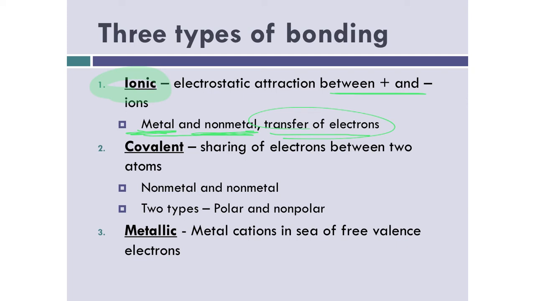With our covalent bonds, covalent, remember, means co-valence. So the atoms are sharing their valence electrons. Covalent bonds occur between two nonmetals, and depending on how they share the valence electrons, we can have a polar covalent or a nonpolar covalent bond.